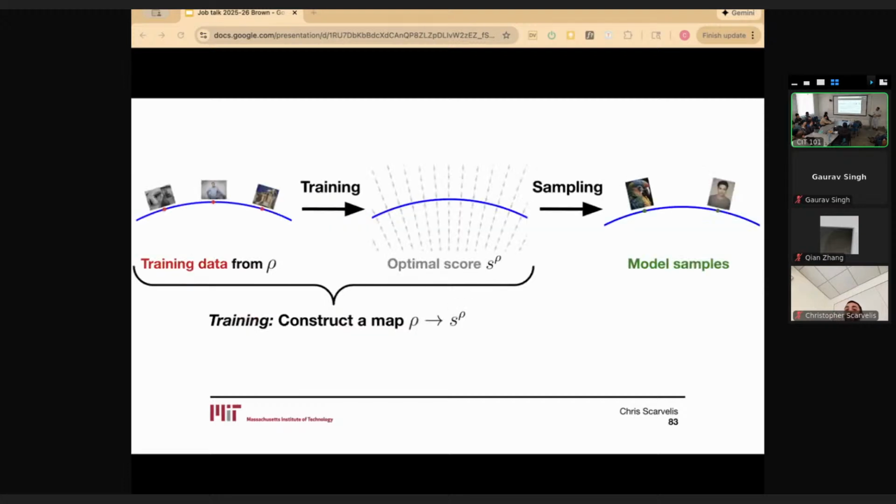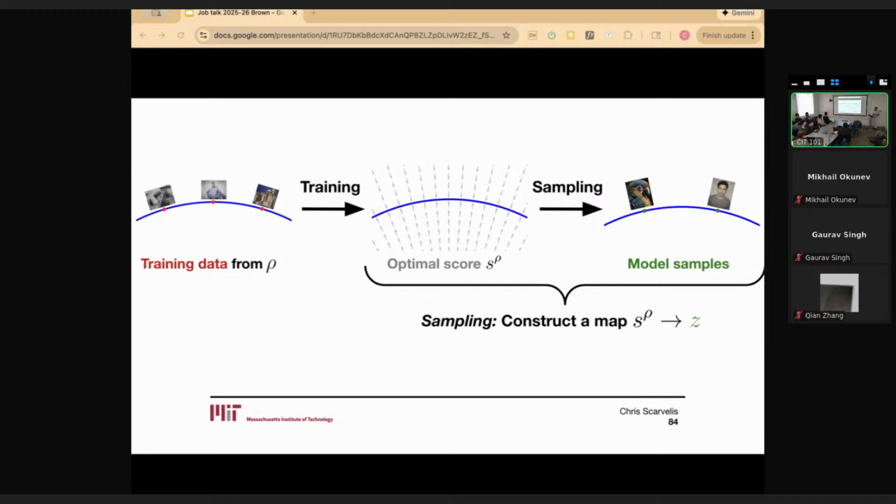To set up this work, I want to recall our two-stage description of diffusion models from the very beginning of this talk: learning a score function in the training phase, and then generating new data with it in the sampling phase. Now, I want to think of training a diffusion model as constructing a very special type of map, which sends the target distribution from which the training data are drawn to the optimal score function for that distribution.